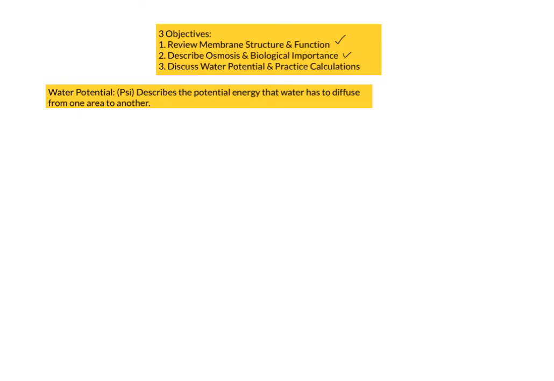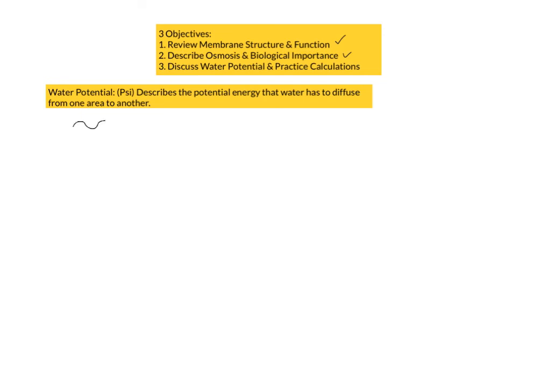And just keep in mind for this entire section that water will move from an area where it has high water potential to an area where it has low water potential. So what we're going to talk about now is how we actually calculate water potential. This is a quantitative value that we associate with water potential, and it's represented with the Greek letter psi.